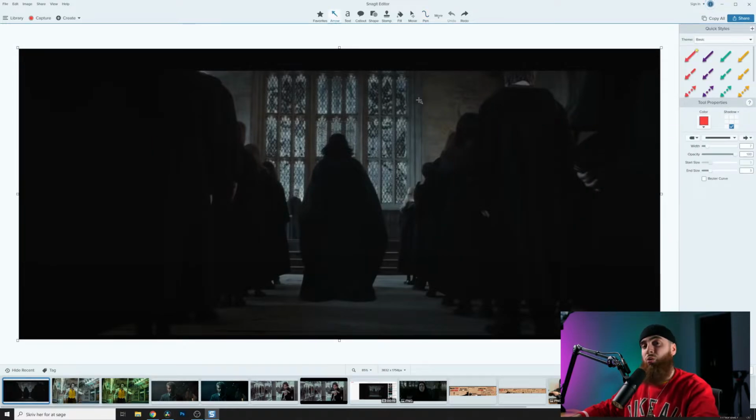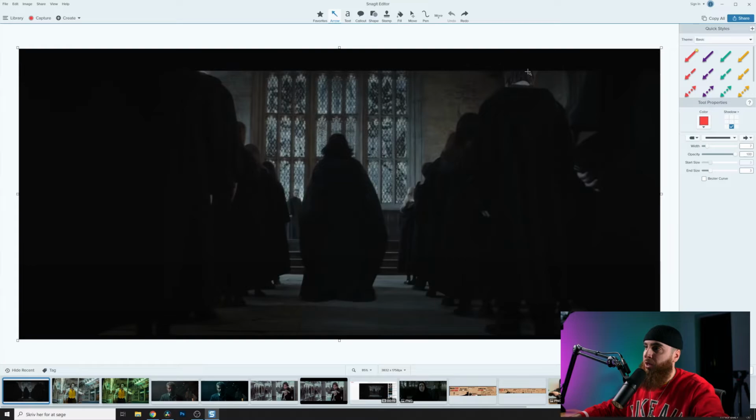Another thing, which is maybe the more obvious thing, is the framing in the shot. With composition, you want to draw the viewer's eyes into whatever you want them to look at without having to force them to look. You want it to happen naturally. So what you see here is the cinematographer and the director have aligned Snape in the middle and created these lines that draw your attention towards Snape.